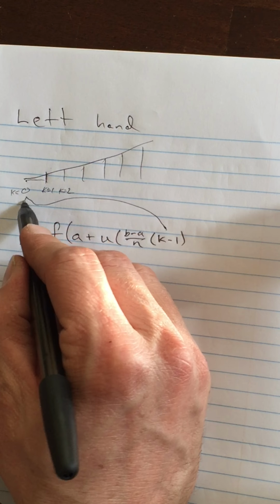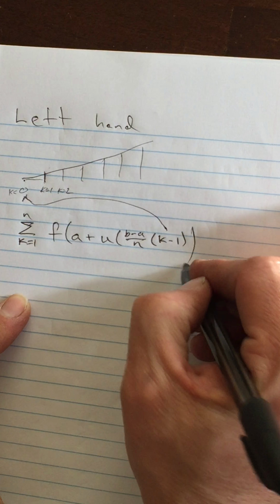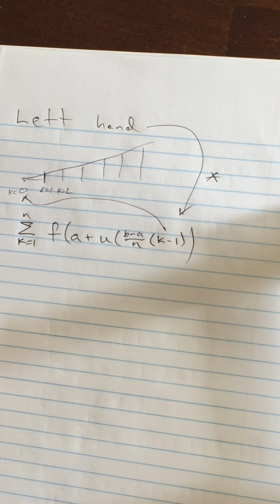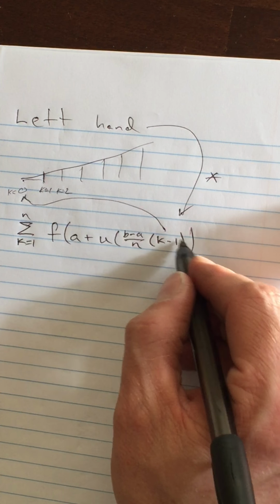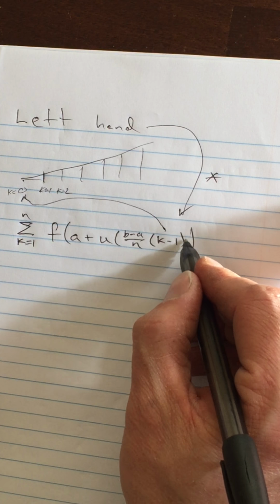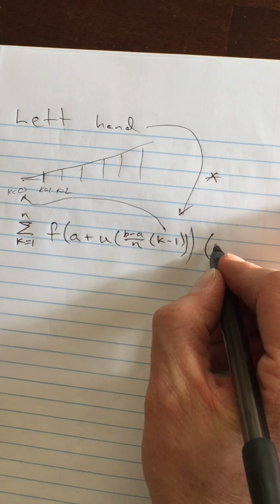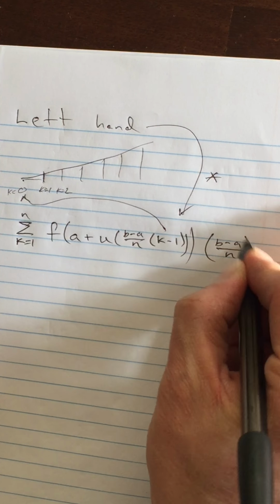That's the idea to go onto the left side, and this is special for the left-hand sum. And then obviously on the outside we still need the b minus a over n.